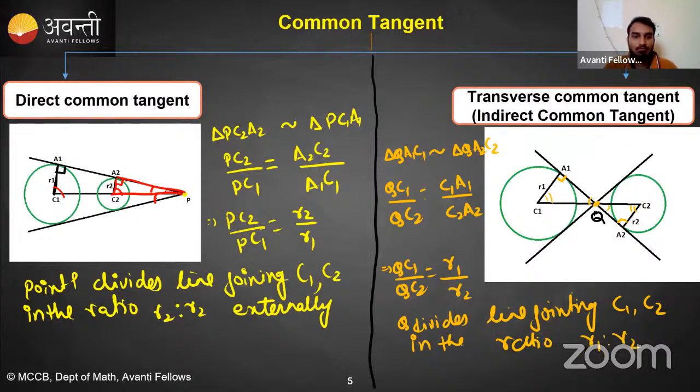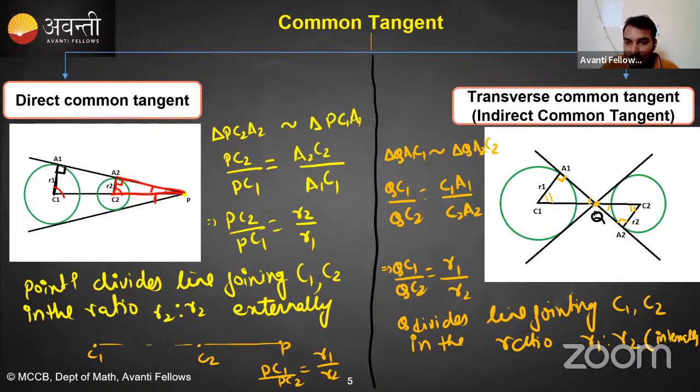And see, this is C1, this is C2, and somewhere the point P is lying here. What is PC1 upon PC2? PC1 upon PC2 is equal to R1 upon R2. But this is dividing internally.